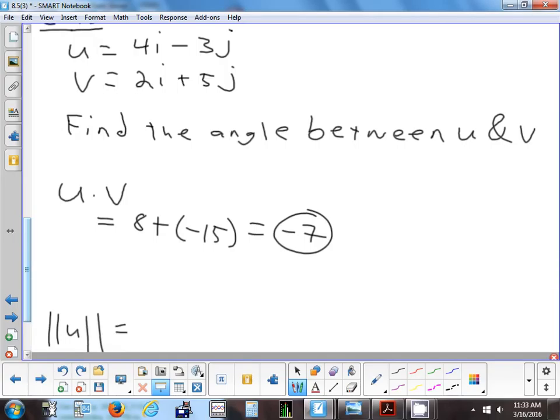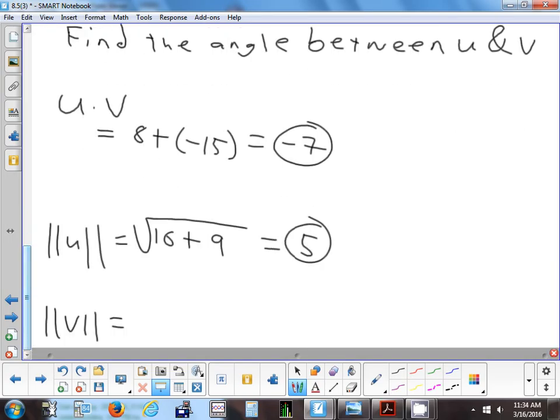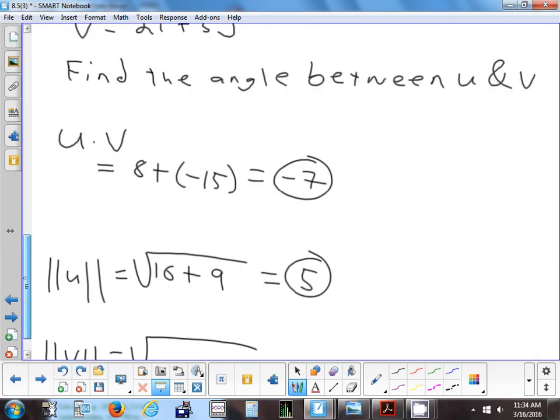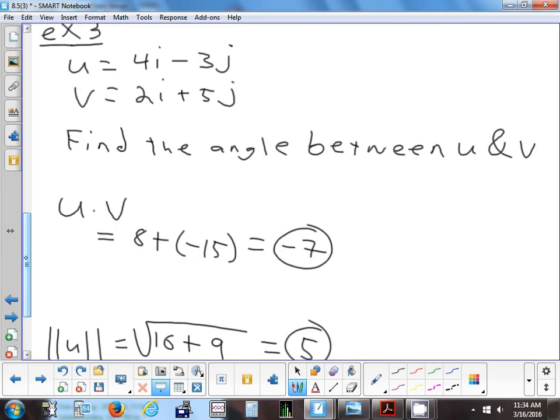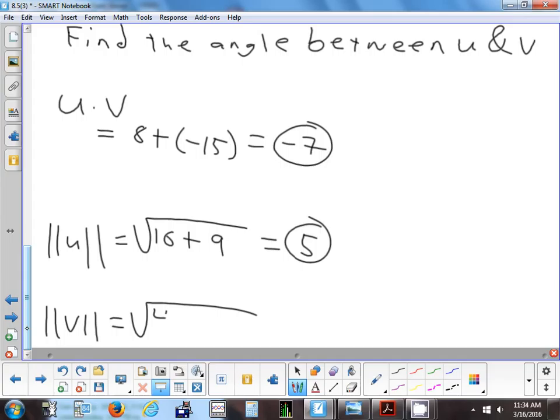It's going to be the square root of, what's my first number? 16. And 9, which is 25. Yep, gives me the square root of 25, or 5. So magnitude u is 5. And lastly, magnitude v. My first number? 4. Second number? 25. Square root 29.